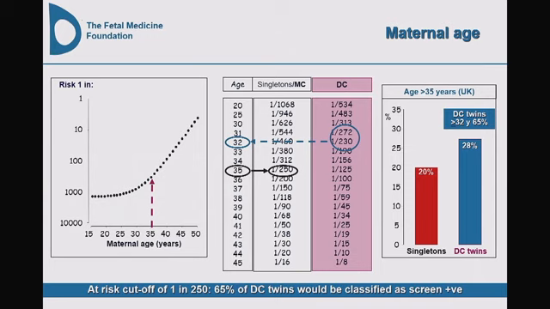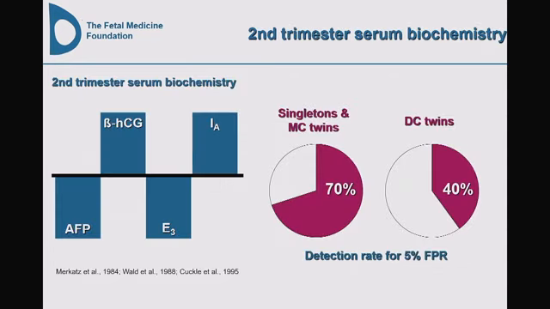Let us assume that we don't have any other way of performing screening for chromosomal abnormalities apart from maternal age. If we take this as an assumption, then maternal age will classify many more dichorionic twins as being at increased risk for chromosomal abnormalities, which will lead to invasive procedures.